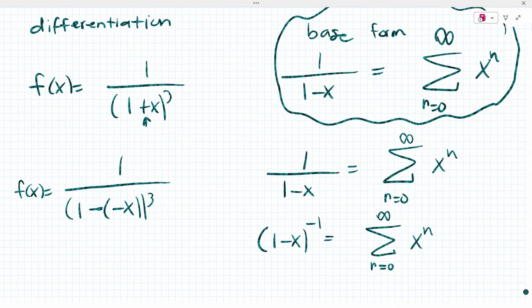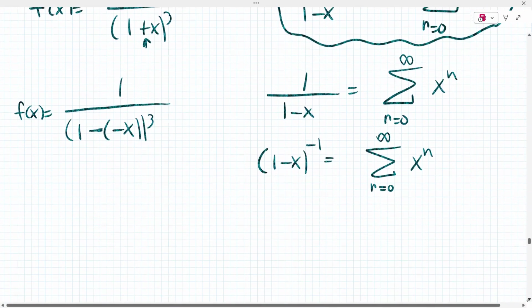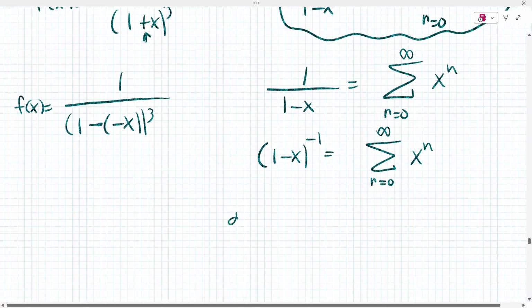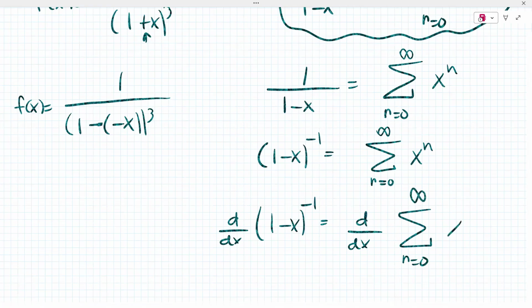Now what I would do is take the derivative of both sides, right? So how do we take the derivative of (1 minus x) to the negative 1? We use the power rule and chain rule.